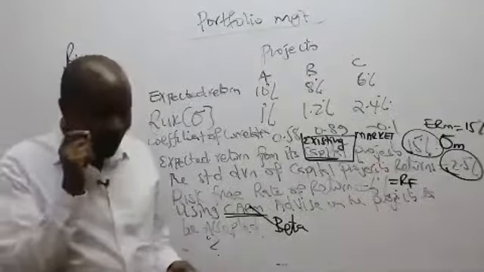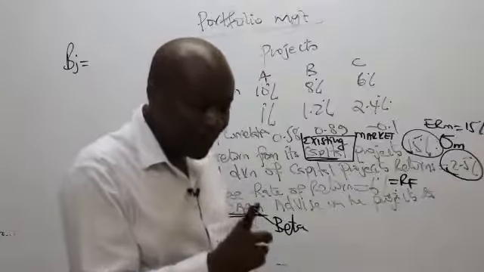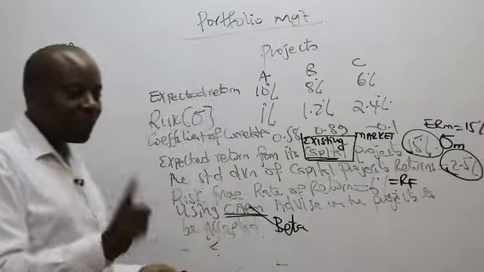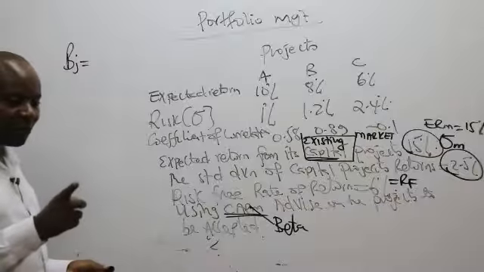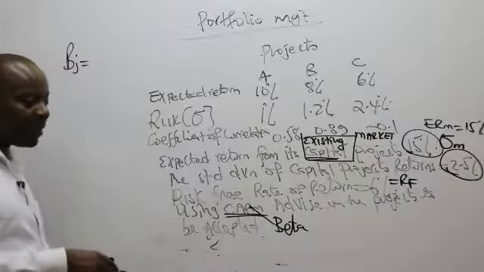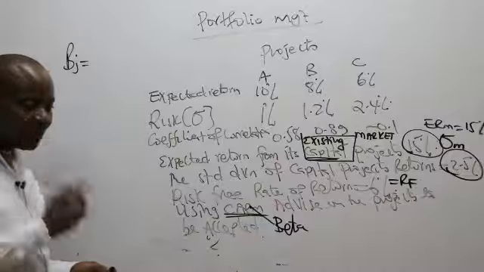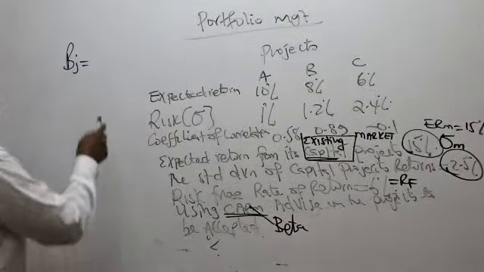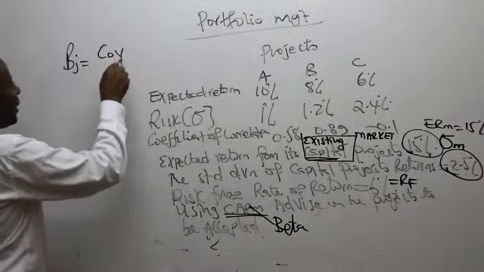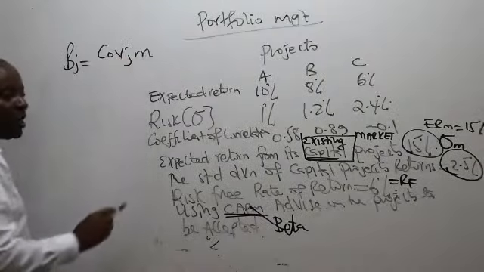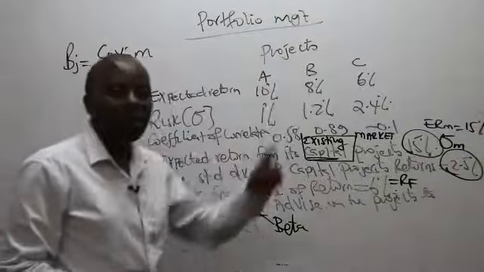Is there somebody who is able to use the covariance approach? Yes, Beth has reminded me. Thank you very much. Although Bernard, there is something you're losing out there. It is supposed to be beta J, the covariance between J and M, because you're relating this particular product with the market.